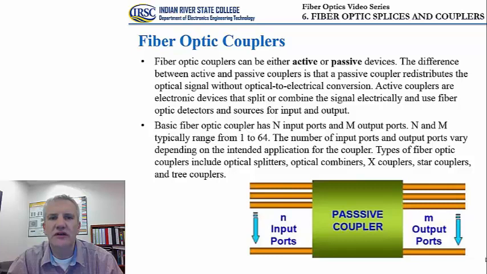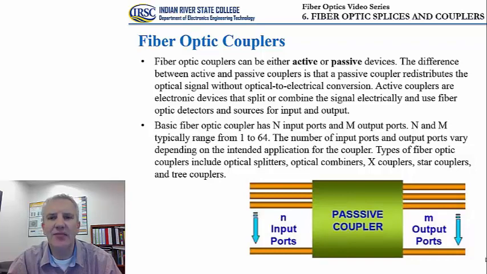It's important to mention that fiber optic couplers can be either active or passive devices. What is the definition of an active or passive device? There's a common definition that is applicable to the entire field of telecommunications. A passive device redistributes the optical signal without any kind of optical to electrical conversion or amplification.